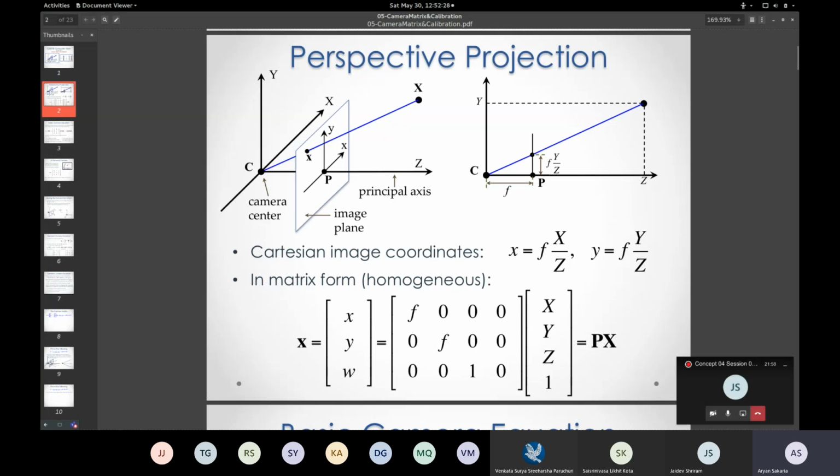So obviously capital Y by capital Z is gonna be y dash by f, and you can just rearrange and you get the value of y dash as the focal length into capital Y by capital Z, and you can extrapolate this to the x dimension also. So you get these xy locations, and these are nothing but the image locations in this image plane. So it's the projection of these world points in the image plane.